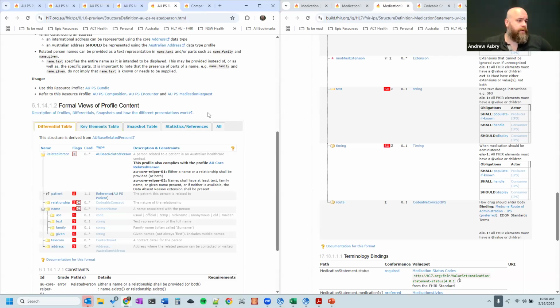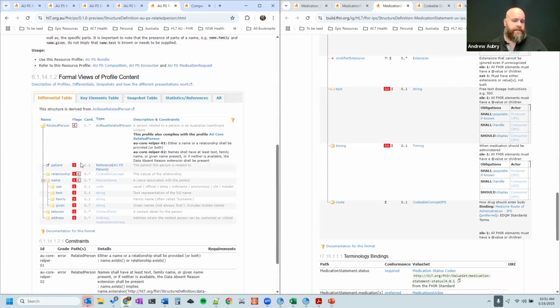What it would mean is that in order to add it to the AU Patient Summary, we should be taking the AU Core related person and effectively applying the IPS requirements. So things that should be must support or specific coded concepts. The specific one that does come in is the reference to the patient.